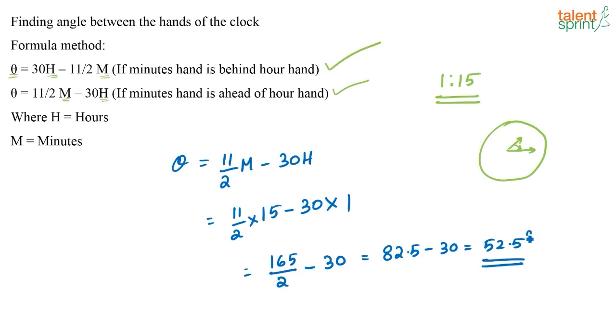So this is how you calculate the angle between the hands of the clock using the formula method. So depending on whether the minute hand is behind the hour hand or the minute hand is ahead of the hour hand, you can use the formula accordingly and get the answer in one step. I hope it is clear.